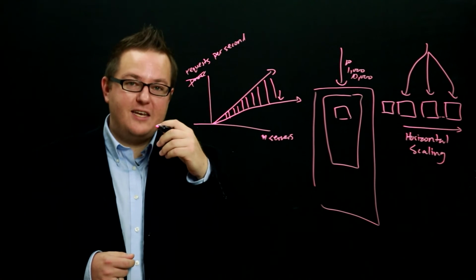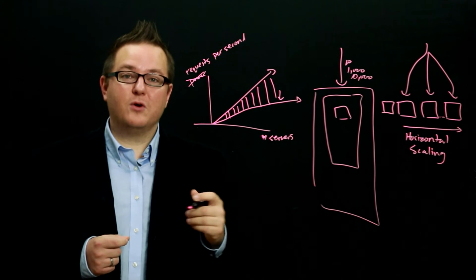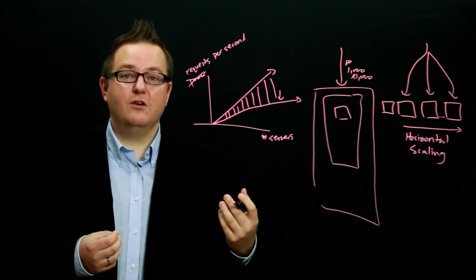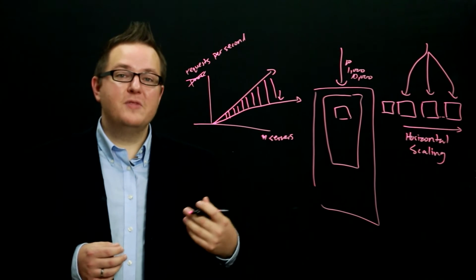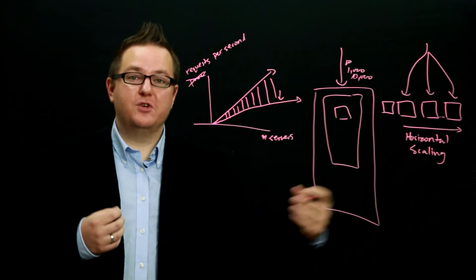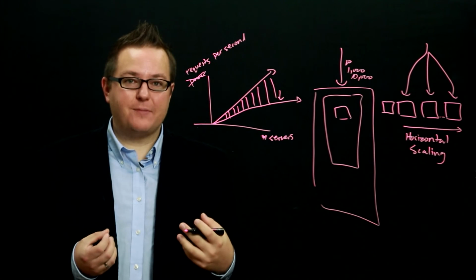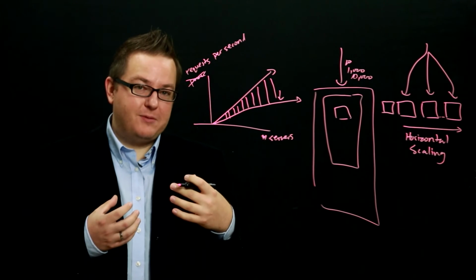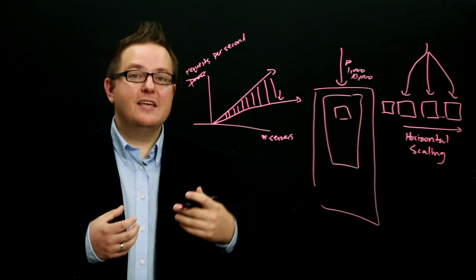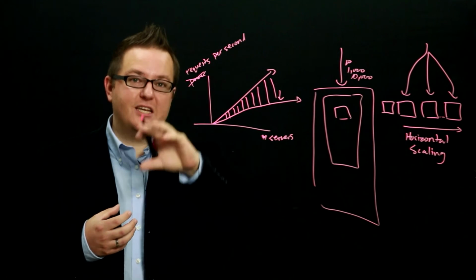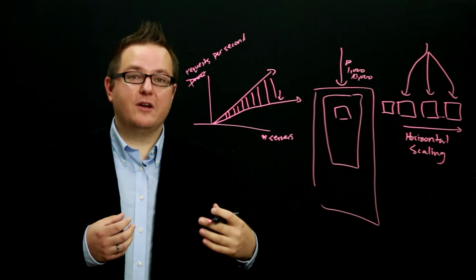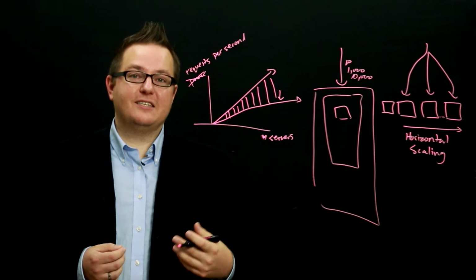So when we have a stateless application, we can send requests to any server. We can just turn on a new server and begin sending requests to it, and we can essentially add capacity to our system simply by turning on new machines. If we have a stateful application, when we turn on new machines, we're going to have to think about if we want to move some of our existing clients to those other machines, or we have some important state that needs to be migrated to them, how do those new machines get that state?